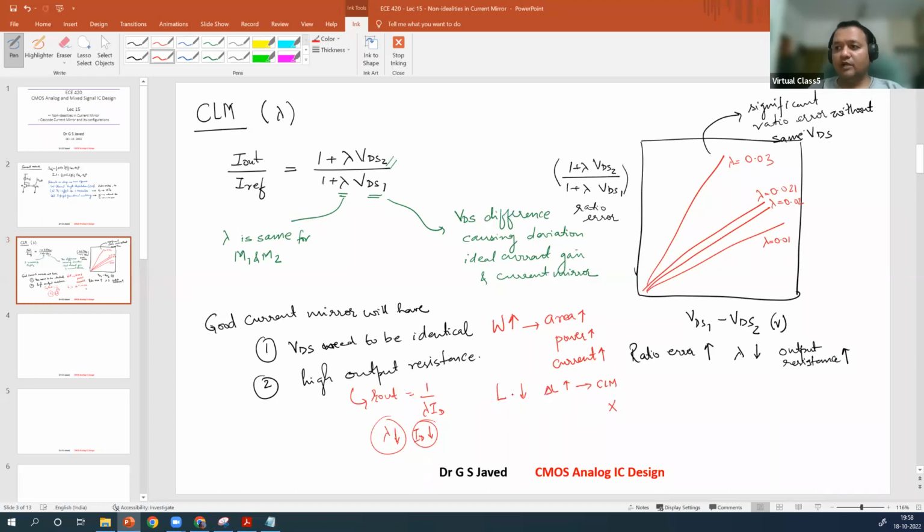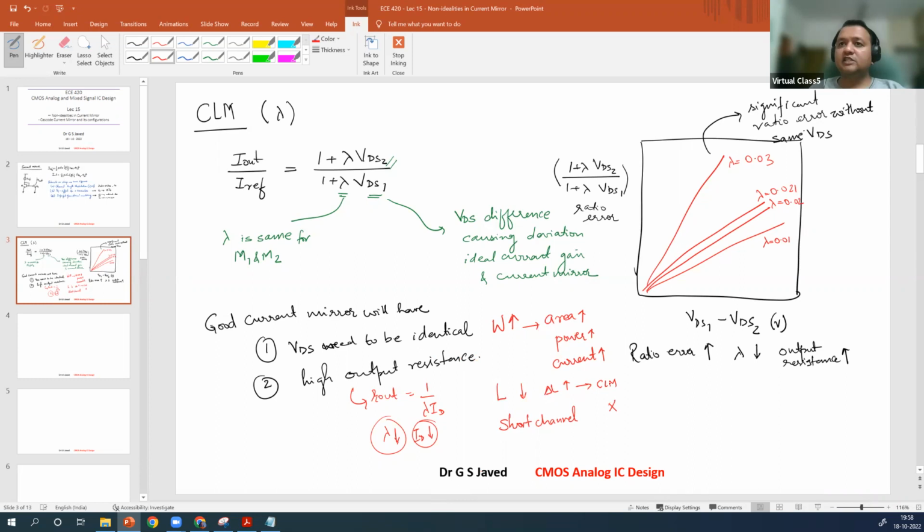Come again. When you increase W, your area will increase, power will increase, and current will also increase for a given VGS. If your L decreases, that is, if you try to use short channel devices, the delta L will increase, and this will lead to channel length modulation.